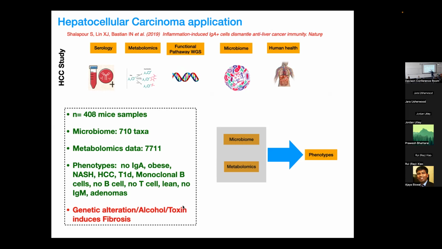She intervened in the study with alcohol consumption, toxin-induced fibrosis, diets and all these things. So these were my intervention variables. In the larger framework, to account for these unobserved confounders, we consider these variables as our instrumental or intervention variables. And then we look at how the microbiome and metabolites are associated with phenotypes in a setting where we have unobserved confounders.